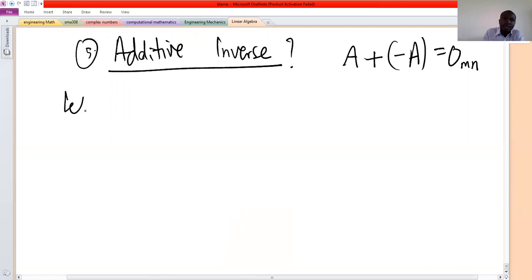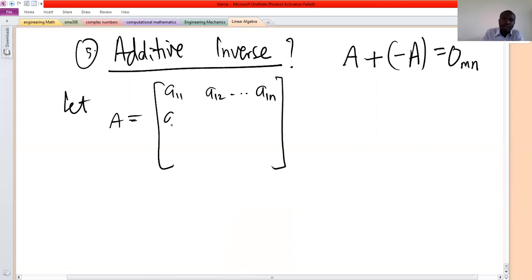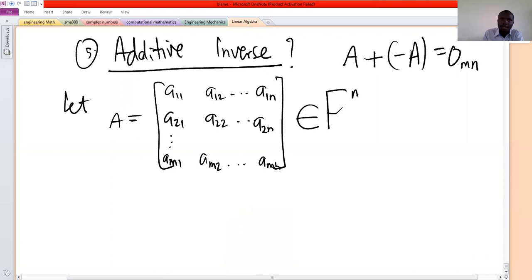So let A be given by A11, A12 up to A1n, A21, A22 up to A2n, AM1, AM2 up to AMN, be an element in this set F of all m by n matrices.